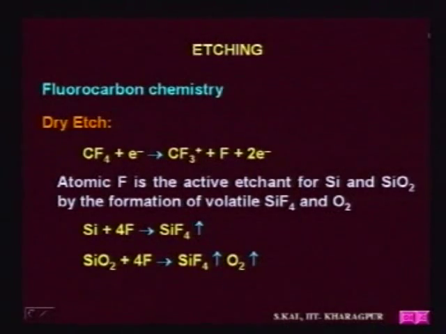If it is not volatile, it will deposit on the substrate and stop the etching process. Here, CF4 reacts with silicon and silicon dioxide to form volatile SiF4 and oxygen. Both are gaseous and are ejected from the plasma chamber through the vacuum suction.